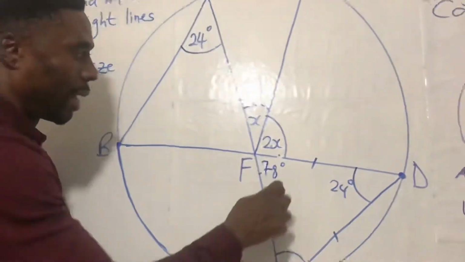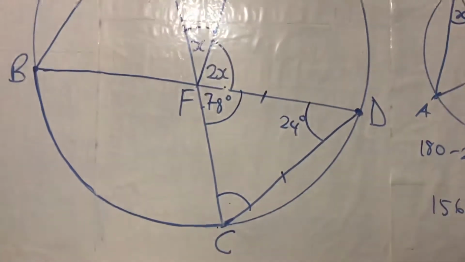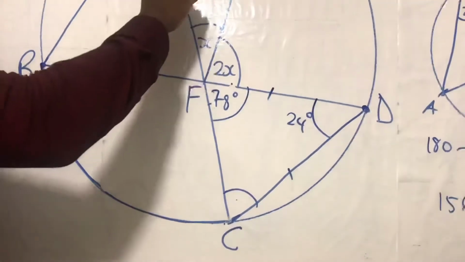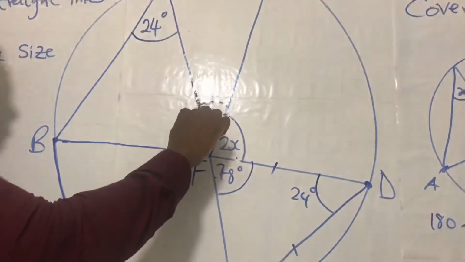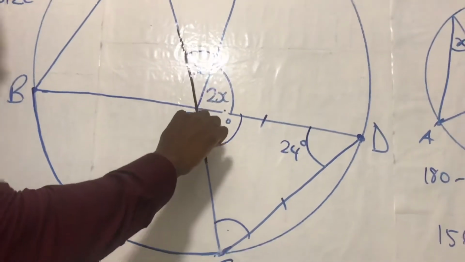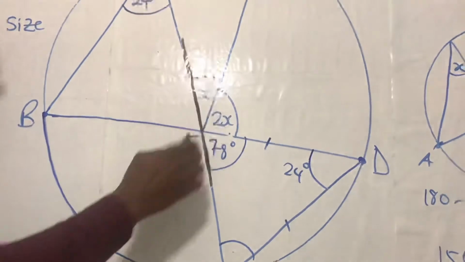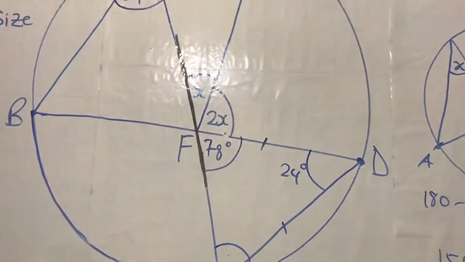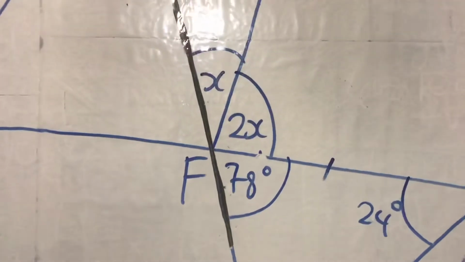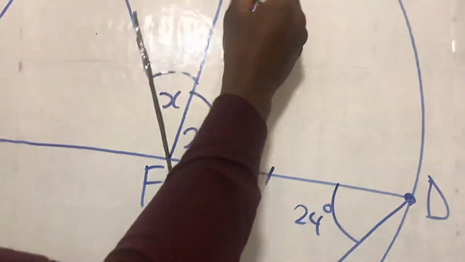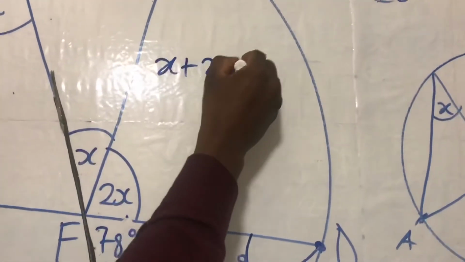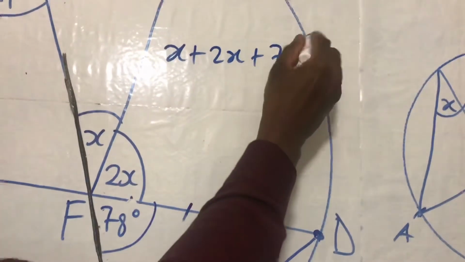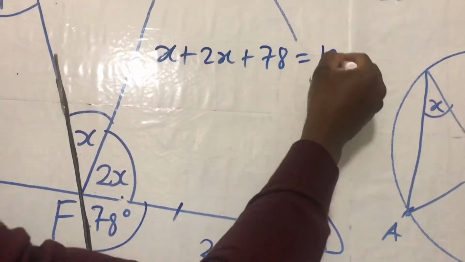Whilst we've got this angle here, we use a very basic fact in angles: angles on a straight line add up to make 180. So these three angles, X, 2X, and 78, lie on the same straight line, so they will make 180 degrees. So we're going to have X plus 2X plus 78 equal to 180 degrees.